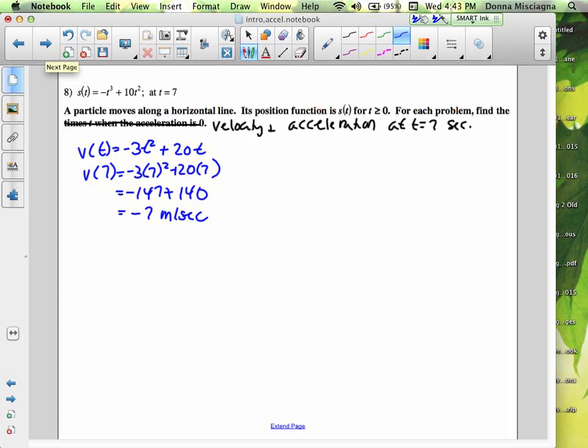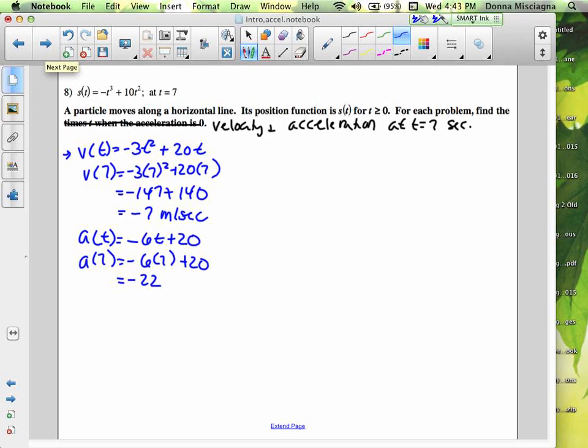Let's find our acceleration. To find our acceleration, we need to take the second derivative. So that would be negative 6t plus 20. We just take the second derivative of velocity. All right, and to find the acceleration at 7 seconds, we plug in 7. So negative 6 times 7 will give us negative 42 plus 20, which is negative 22.